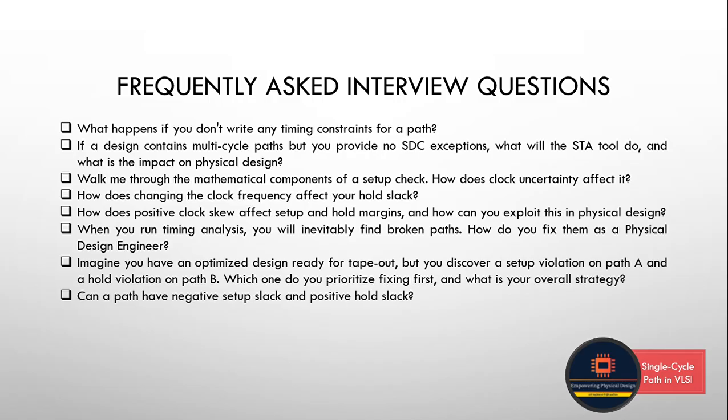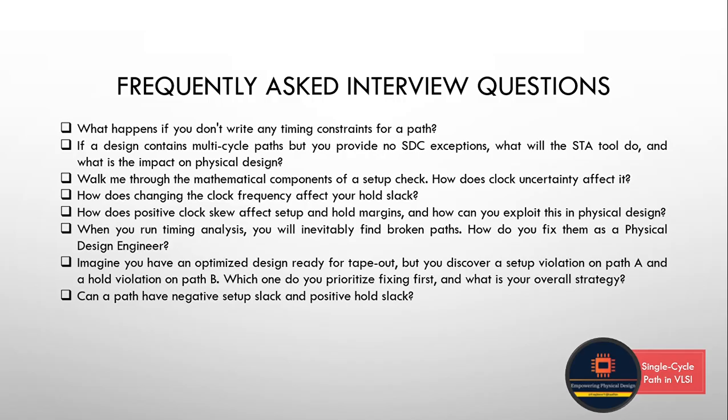Setup analysis takes the maximum delay limit. So there is a maximum delay limit, and setup analysis will test that, the worst case scenario, to ensure that the data moves fast enough to arrive before the capturing clock edge. That means a negative setup slack indicates that the data path is too slow.